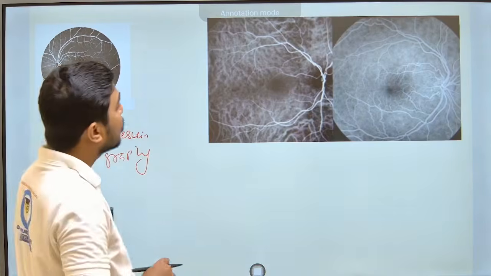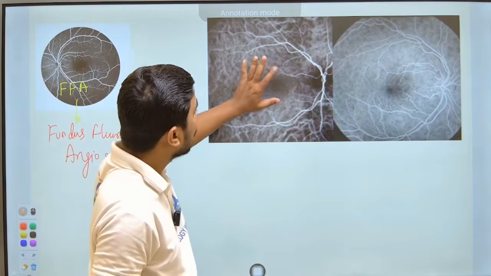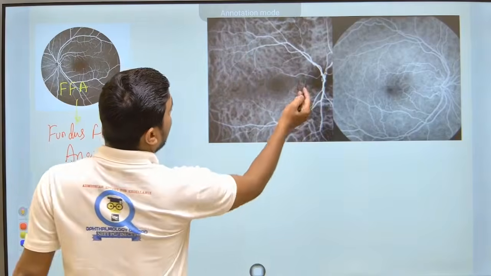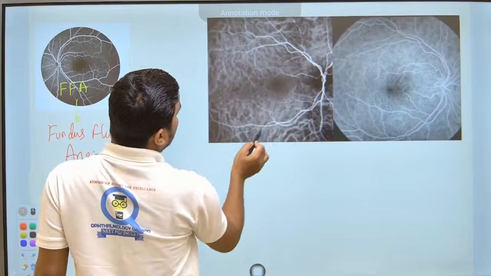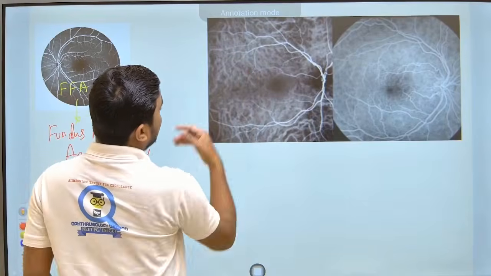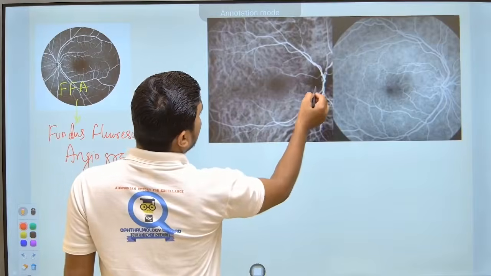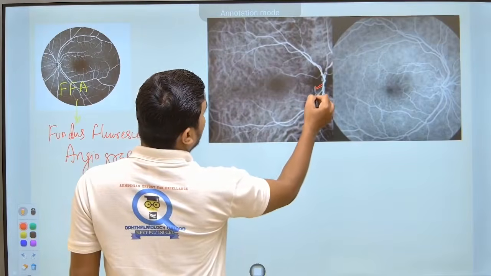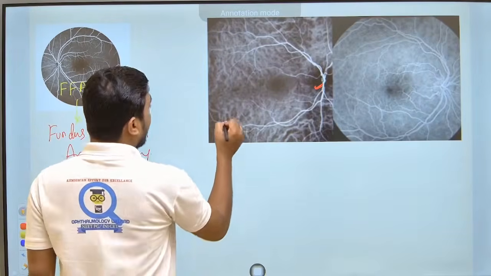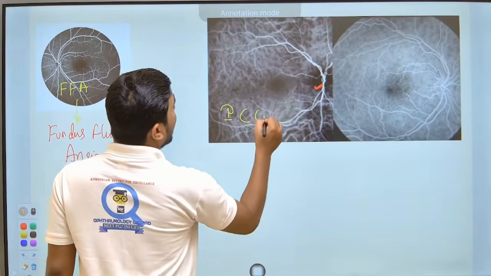Similarly, when you see this picture, you can see something in the background is more prominent. Apart from the main vessels, from the background you can see some white hue. This area is also black, and the disc is also not appearing here. That means it is nothing but ICGA.